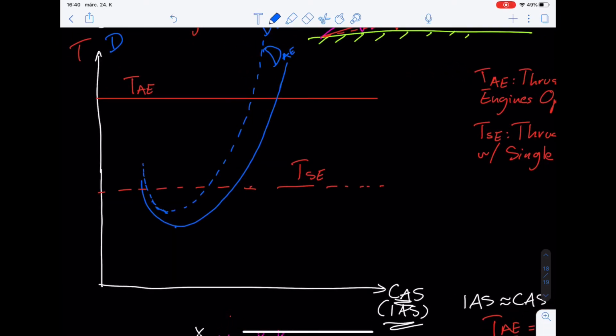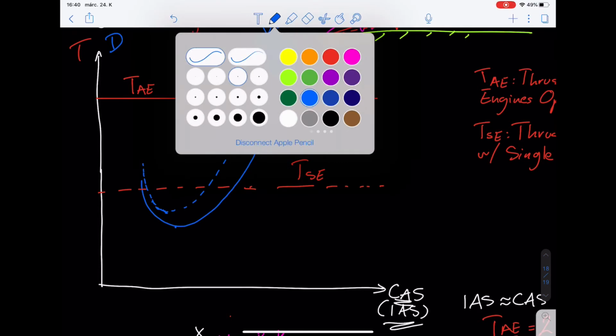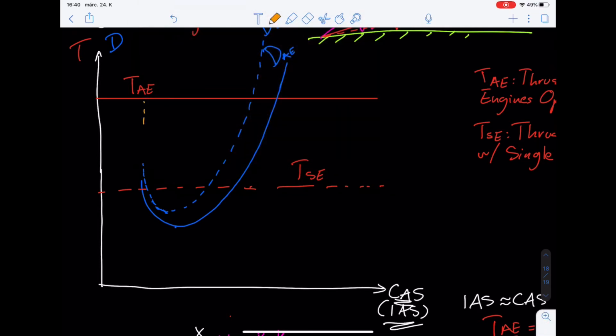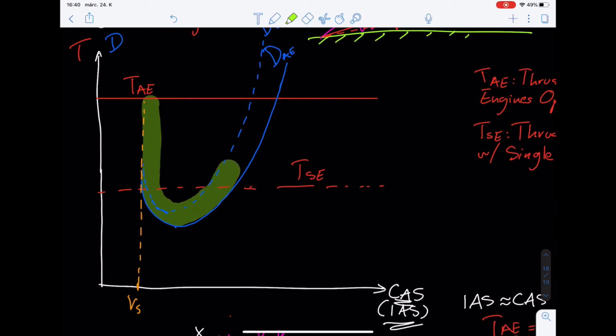So initially we had, let's say here's the stall speed, with regards to the excess thrust, we had all this big area, right? So the area between the thrust all engine and the drag all engine.